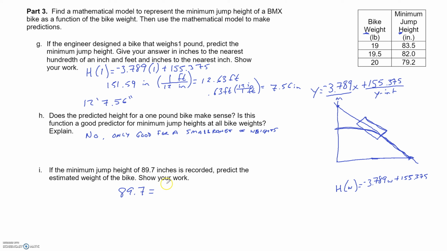Is equal to negative 3.789 times W. We're finding weight, plus 155.375. You're solving for W.